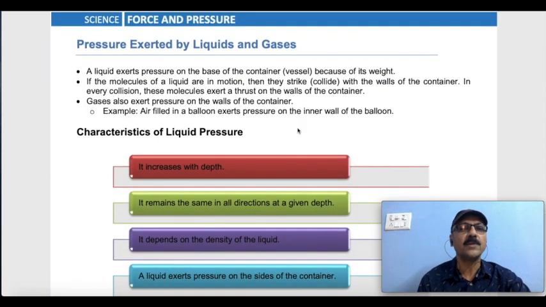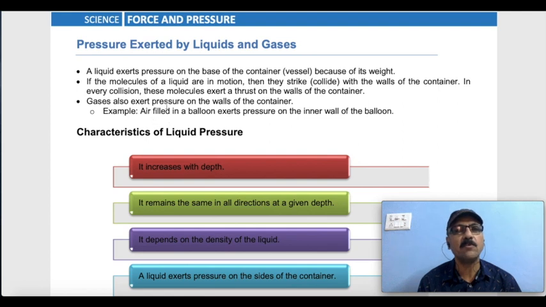The next topic is pressure exerted by liquids and gases. Liquids exert pressure on the base of the container. If the molecules of the liquid are in motion, they collide with the walls of the container and also with each other.